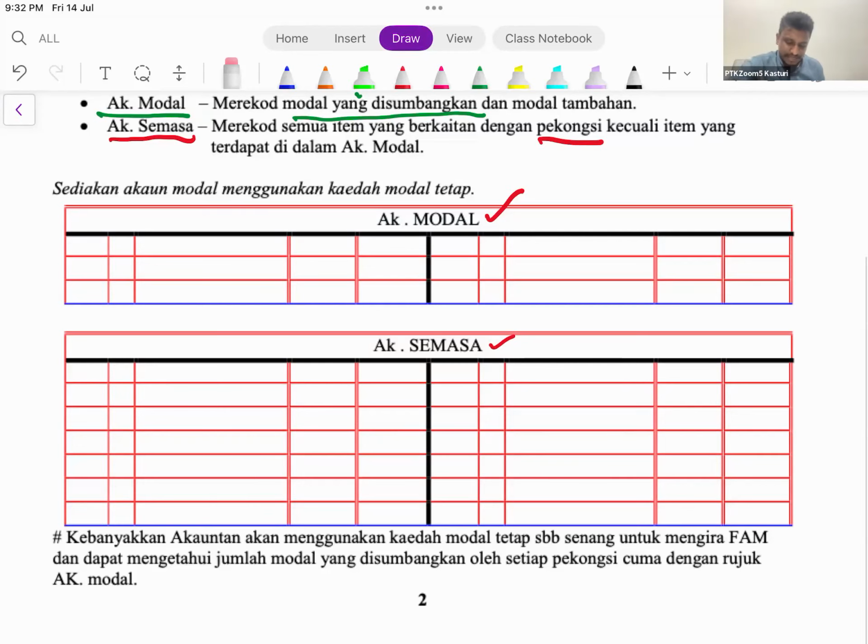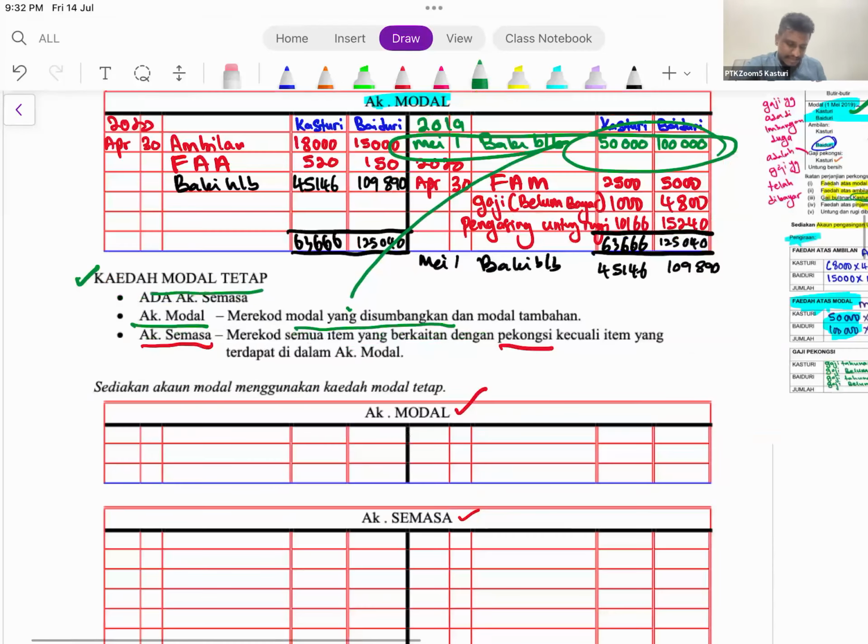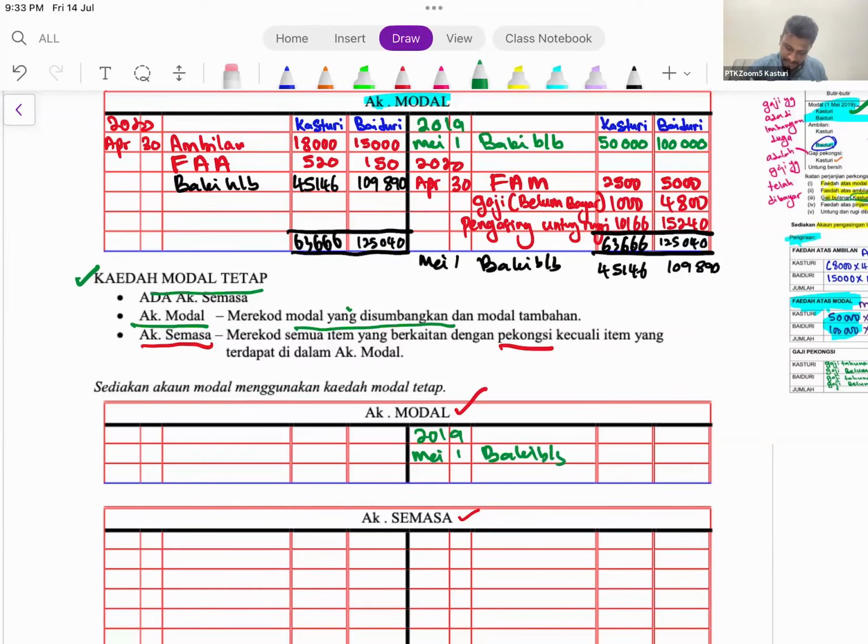So see how, let me do the answer. We use the same numbers. How the kaedah modal tetap. So 2019, May 1, baki BB 50,000 for Kasturi, 100,000 for Baiduri.